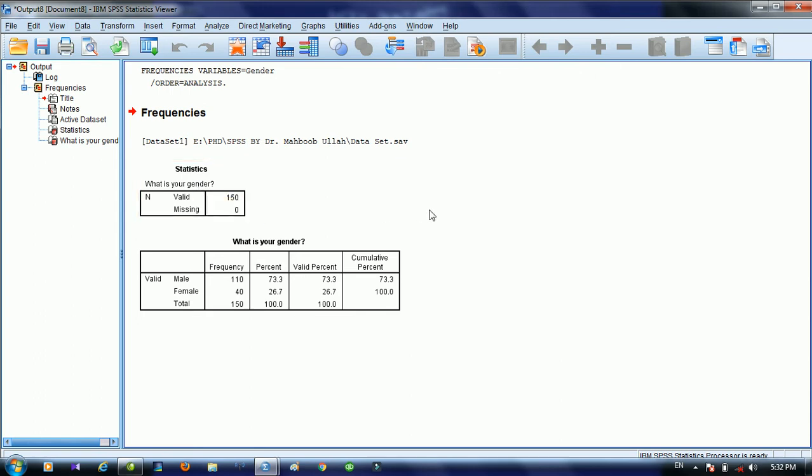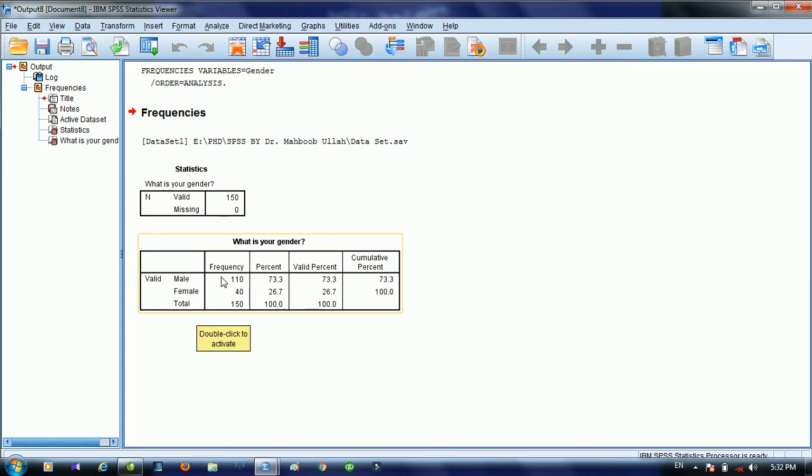If there is anyone who didn't provide one, you will find it here in the missing tab. So this table shows the summary statistics of the variable. The next table shows the pattern of frequency analysis. We have two categories: one is male and the other one is female, with the incidence of those frequencies.